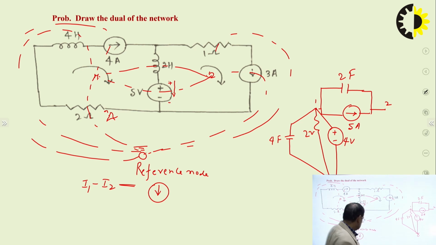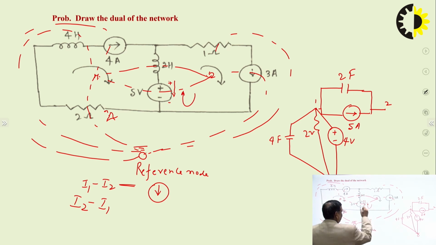Take another example. Suppose some other group of people say that no, I2 is greater than I1. It means this current is entering the negative terminal and leaving the positive terminal.